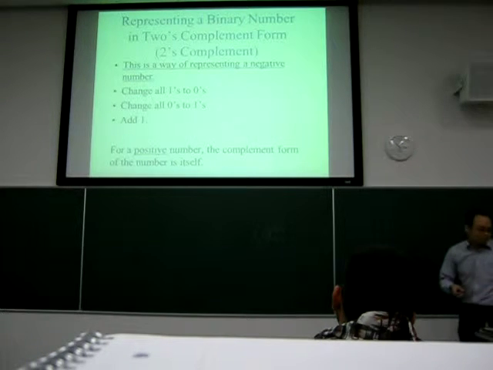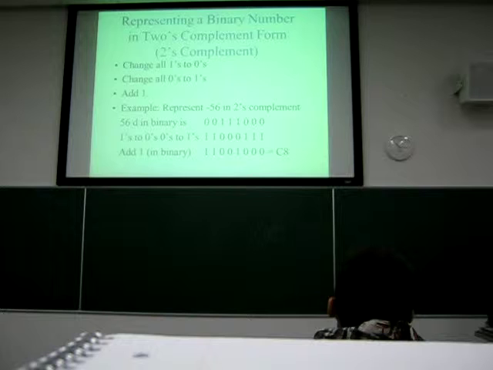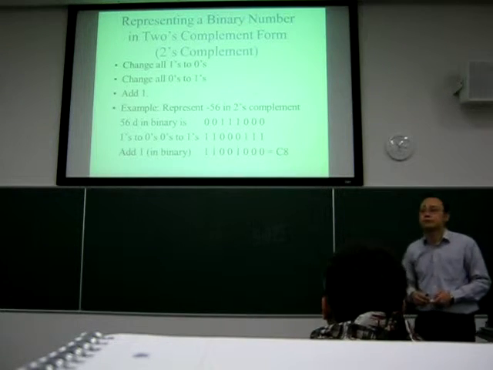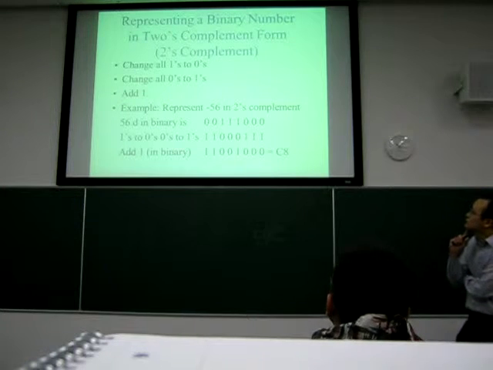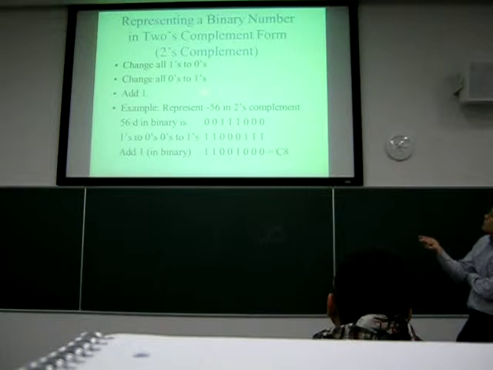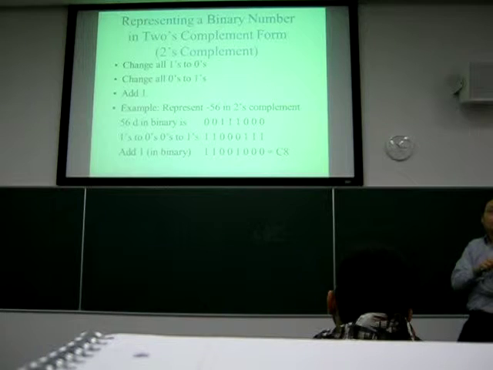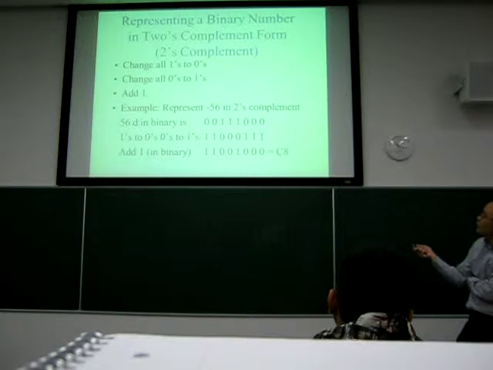Okay. So let's look at an example, minus 56. Okay. This is 56 in binary. Okay. I want to change that to minus 56 in 2's complement. The first thing I do is change it to 1's complement. So I flip all the zeros to 1. So 0 to 1, 0 to 1, 1 to 0.